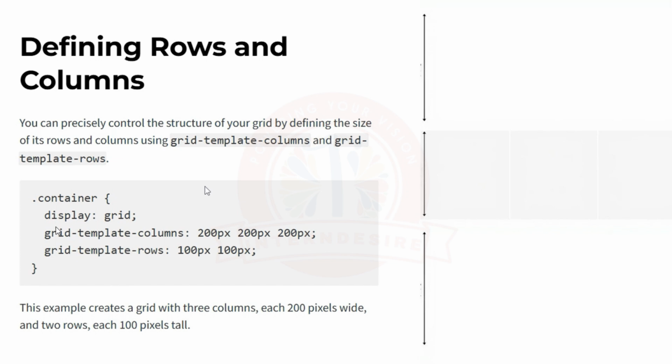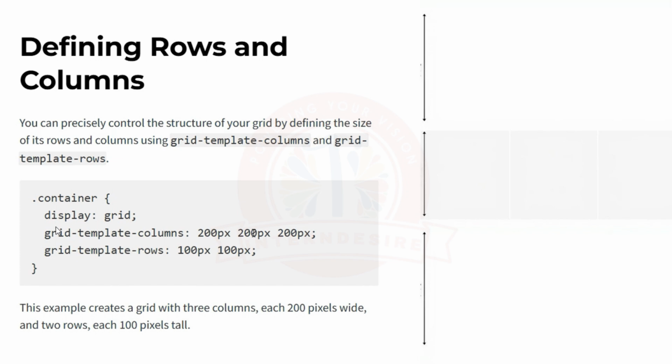This shows a grid with 3 columns, each 200 pixels wide, and 2 rows, each 100 pixels tall. So this is a grid example and it is already shown in the figure, but due to some issues it is not properly visible. So let's move forward.